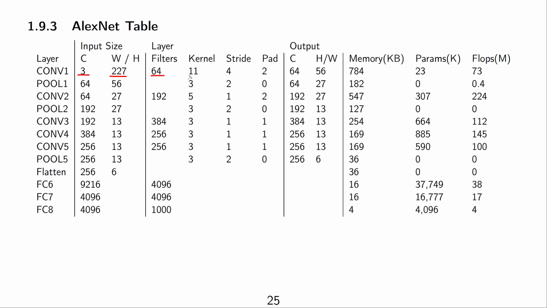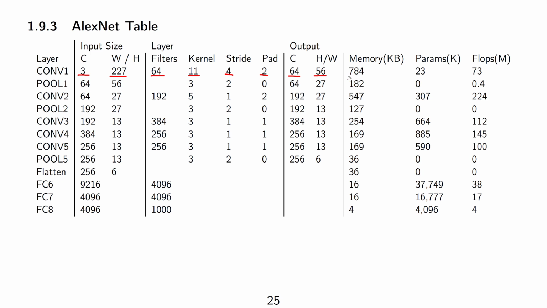The layer has 64 filters. The kernel size is 11 by 11, stride 4, and padding is 2. So as output, we obtain 64 channels because we have 64 filters, and then we have an image or tensor of the spatial resolution 56 times 56.